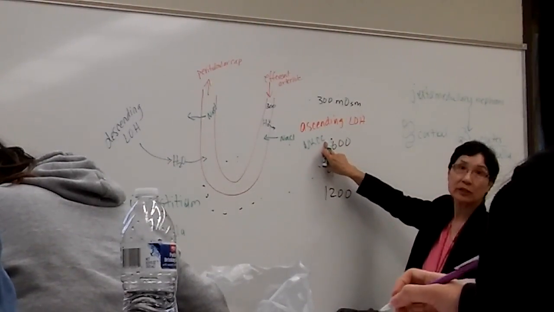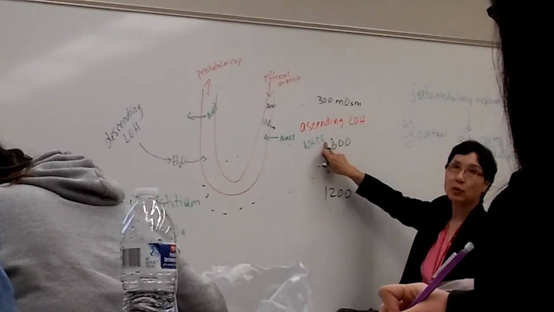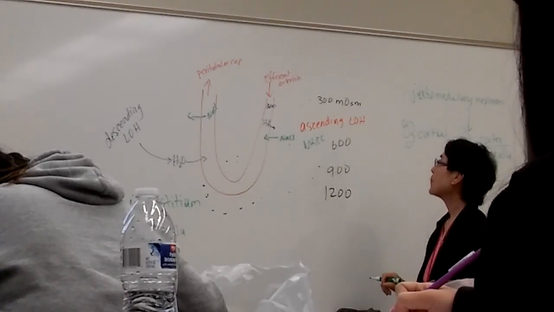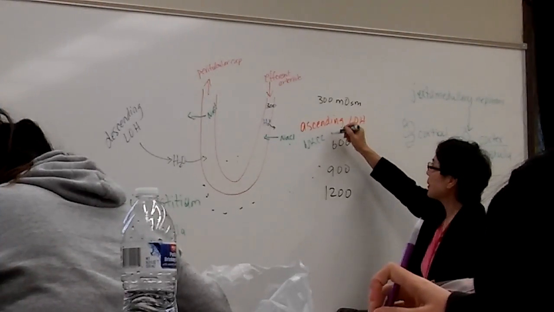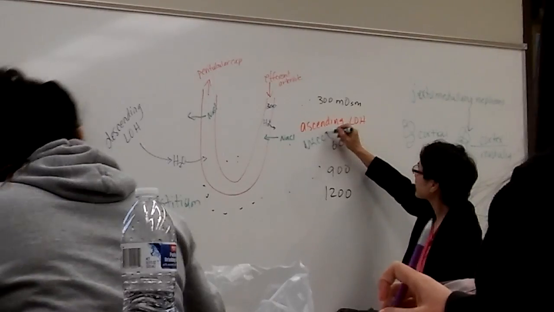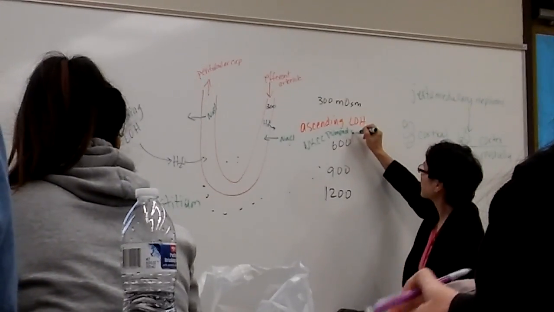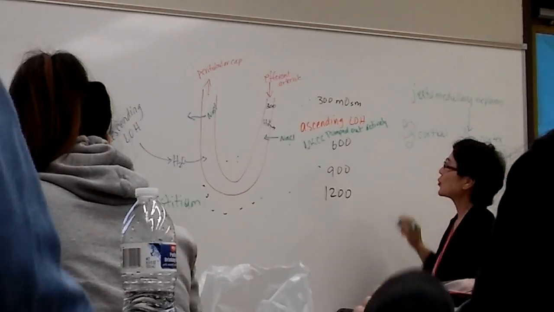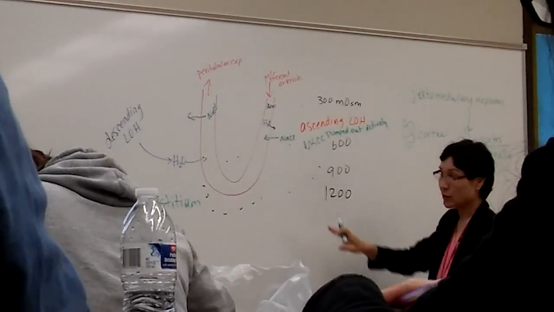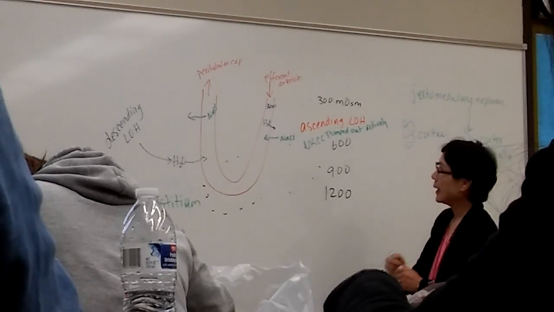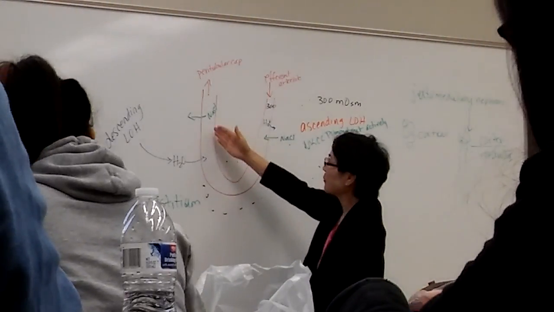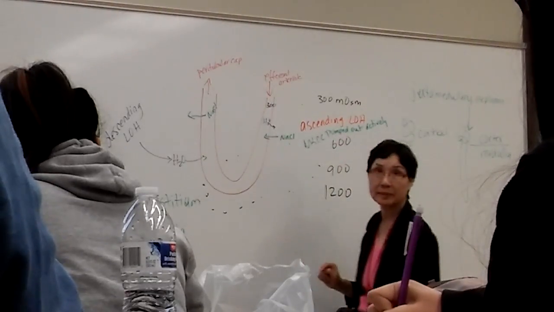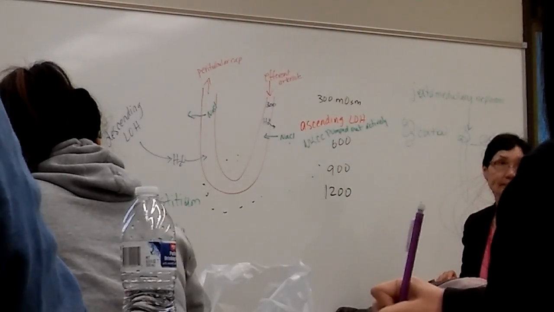Remember we did this in digestion. There's the NKCC transporter, and it's going to be pumping all this out using active transport, and thus maintaining the saltiness of this interstitium. And then plus the vasa recta helps maintain the saltiness because it dumps out the salt as it leaves this area. Okay?